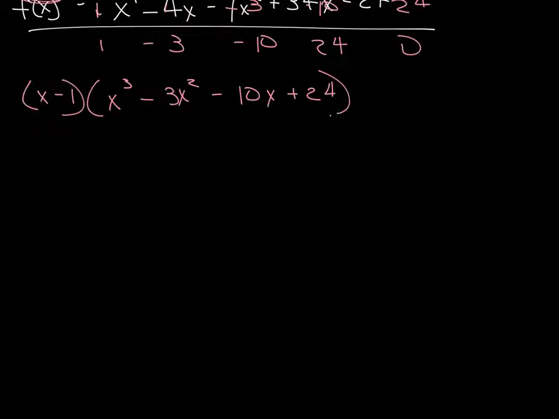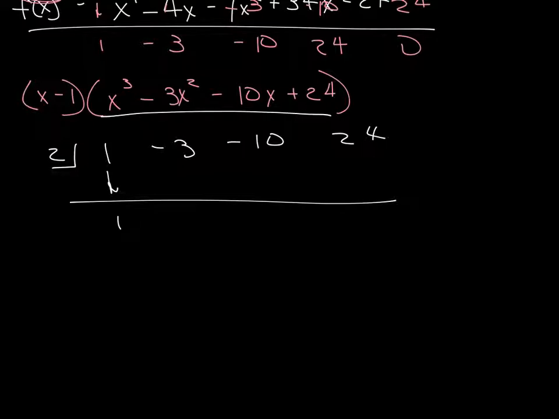So now I'm going to see if I can find a factor of this. So let's say, for instance, I try 2. 1, negative 3, negative 10, 24. Bring down my 1, 2, negative 1, negative 2, negative 12, negative 24, 0.